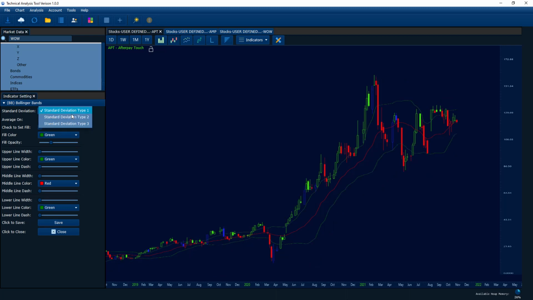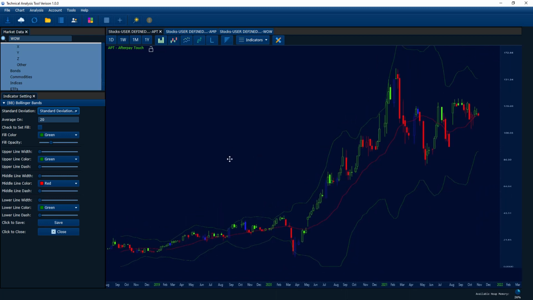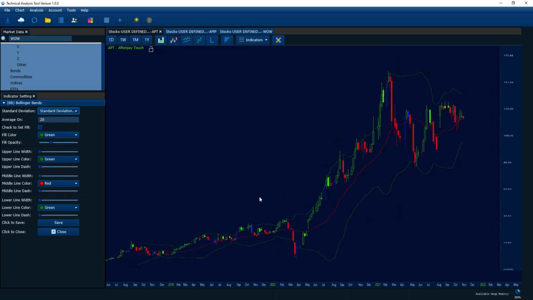Here you can see if you change the type, the tunnel width of the Bollinger Bands drawing changes. Type 3 is the widest, and you can see hardly any price action happening outside these bands. If you change to 2, you can see more price action happening outside the bands, either upper or lower.